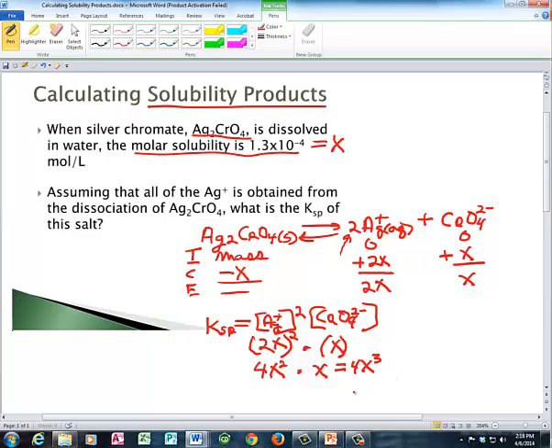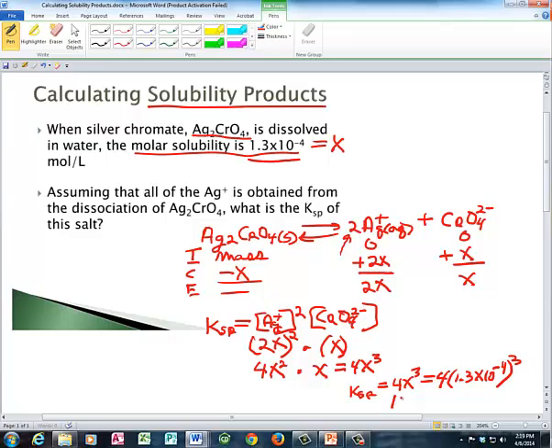Since we know that the Ksp is equal to 4X cubed, and we know the molar solubility, which was given to us in the problem, is 1.3 times 10 to the minus 4, all we have to do is plug that value into this equation. That's going to be 4 times 1.3 times 10 to the minus 4, and we have to remember to cube that term.